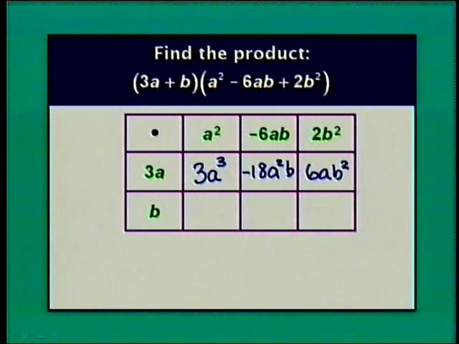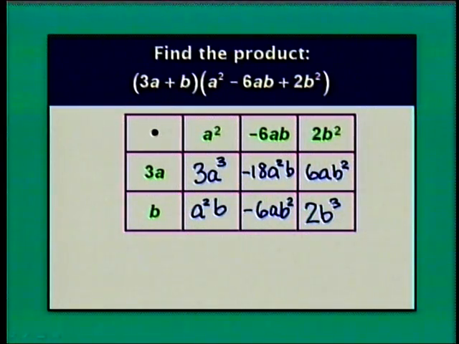Now moving down to our last row, b times a squared, writing my variables in alphabetical order, is a squared b. b times negative 6ab is negative 6ab squared. And finally, for that last cell, b times 2b squared is 2b cubed.